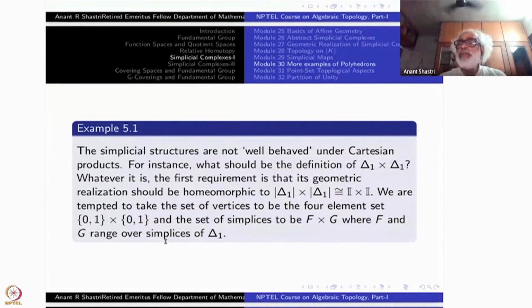The problem is, what kind of simplicial complex will give you the product structure? Suppose X and Y already have polyhedron structures. Then is there a way to give the product a polyhedron structure such that it has something to do with the original complexes on X and Y?